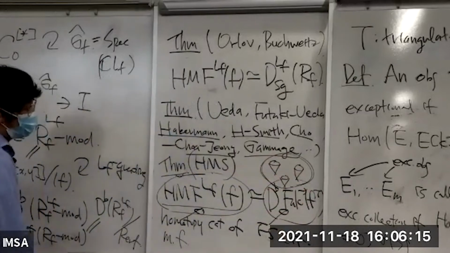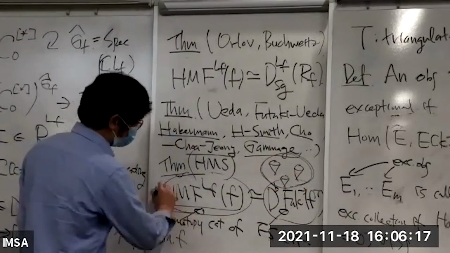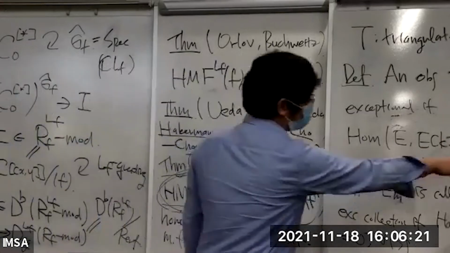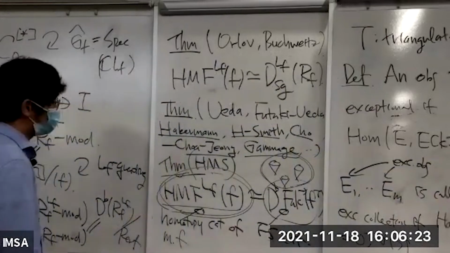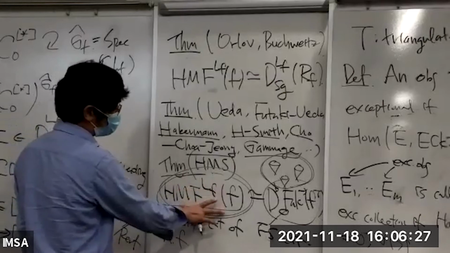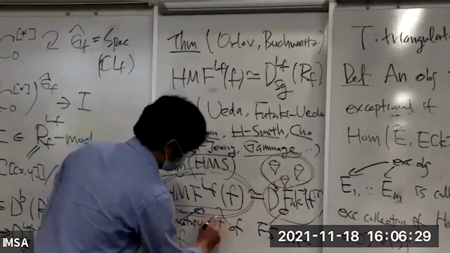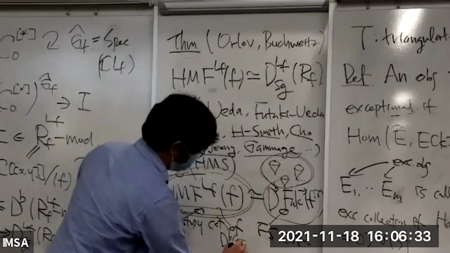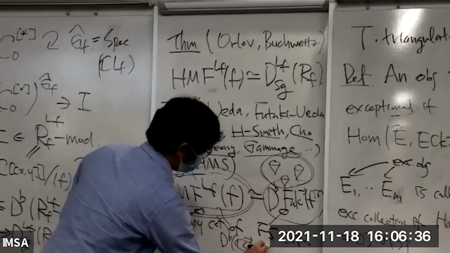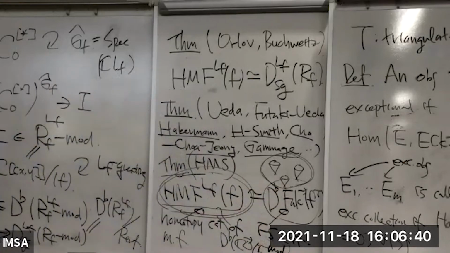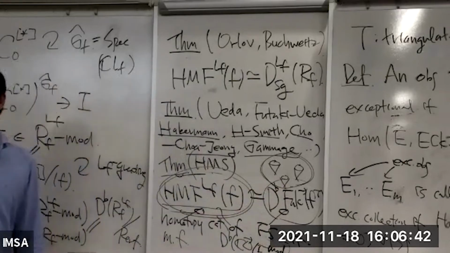If I can construct an exceptional collection here, then this gives this identification. And moreover, from this exceptional collection, I can compare this and this via certain quiver representation. I slightly perturb this function to make it into a Morse function, and it doesn't change the topic.